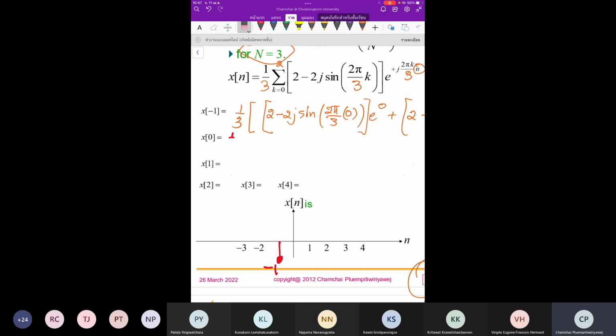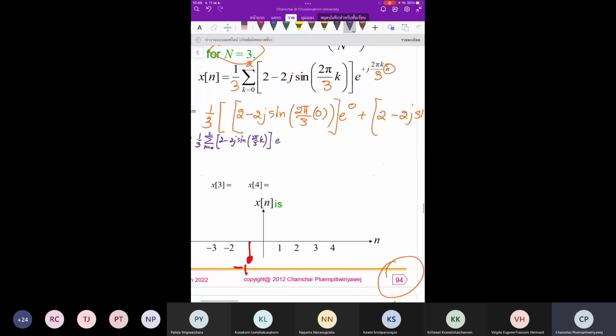How about using the blue one? So it's 1/3 summing k from 0 to 2 of (2 minus 2j sine of 2 pi over 3 k), and then times e to the positive j 2 pi over 3 k times n.